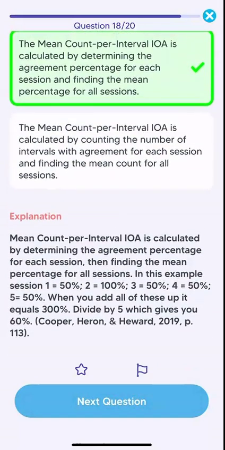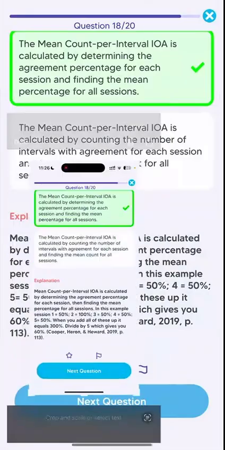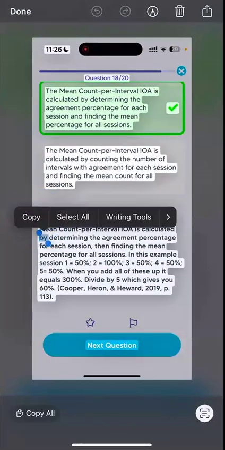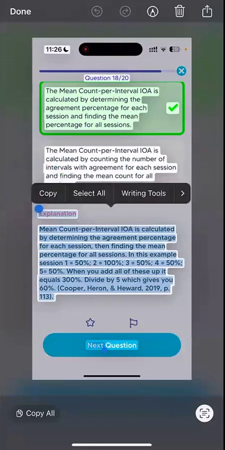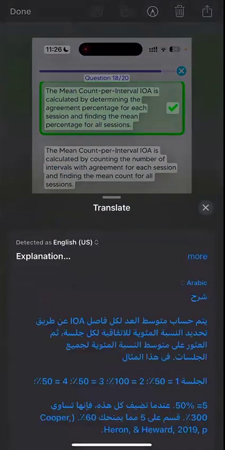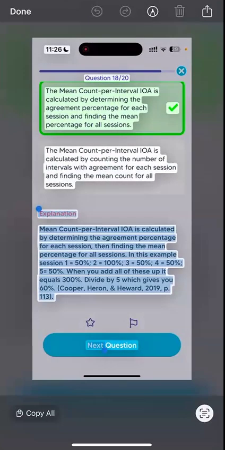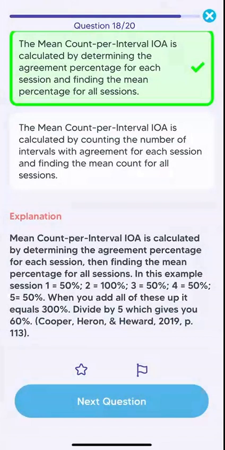Because it is difficult. Don't remove this until I take a picture. Wait a minute. Okay. Wait, I'm thinking. This is another kind of IOA.